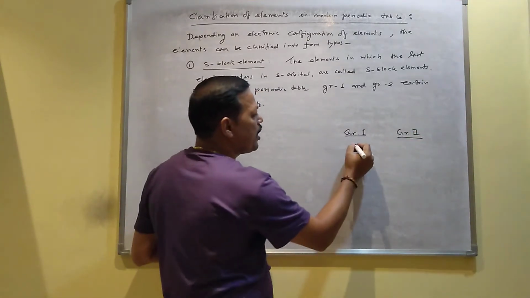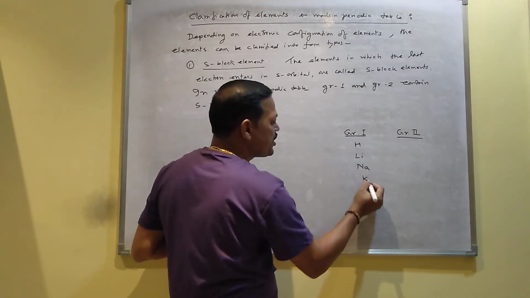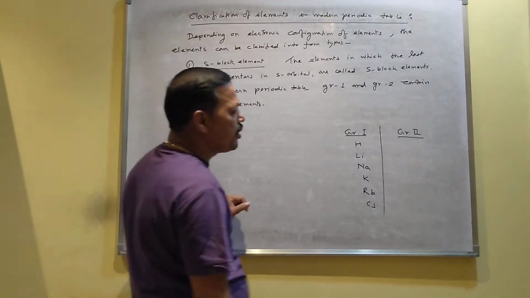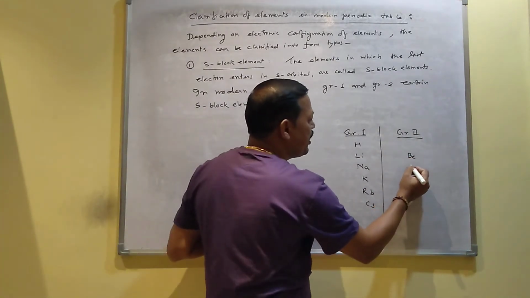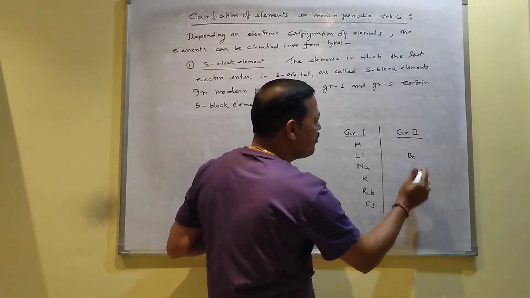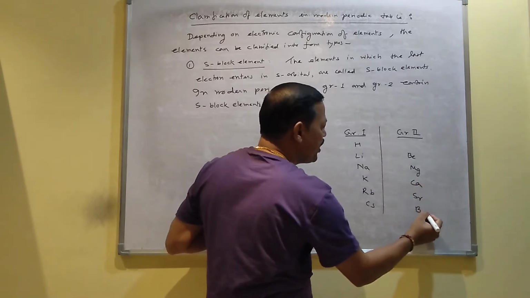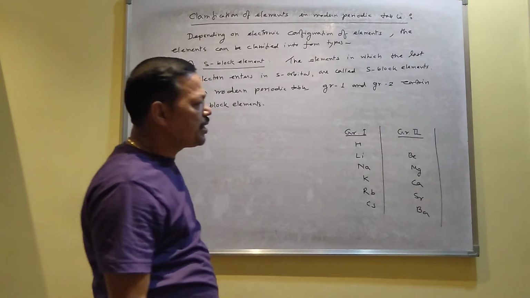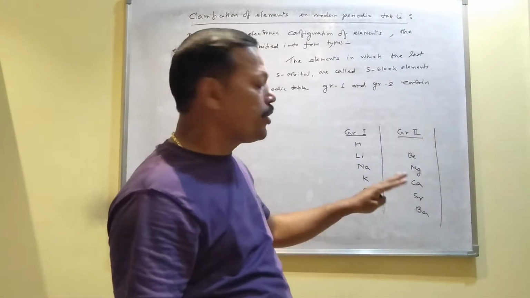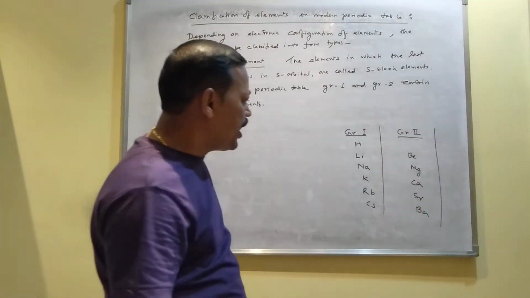Group 1 is hydrogen, lithium, sodium, potassium, rubidium, cesium. And in group 2 you will get beryllium, magnesium, calcium, strontium, barium. All these elements are called S block elements because the last electron enters in the S orbital.